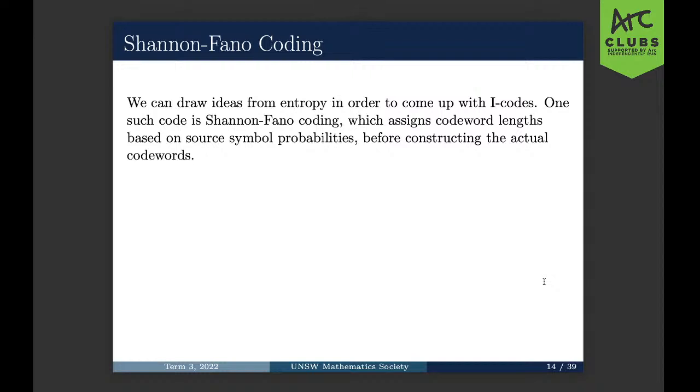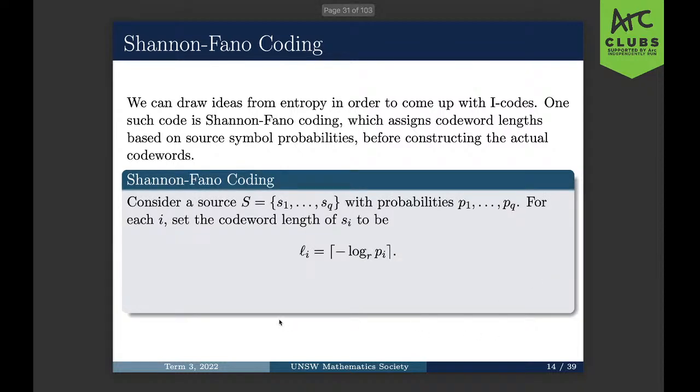So we can actually draw ideas from entropy in order to come up with some pretty good codes. And one of them is called Shannon-Fano coding, which assigns code word lengths based on the source symbol probabilities before actually constructing the code words. The way it works is, if you have a source with q symbols, probabilities P1 to Pq, we first set all the code word lengths to the ceiling of minus log base r of pi.